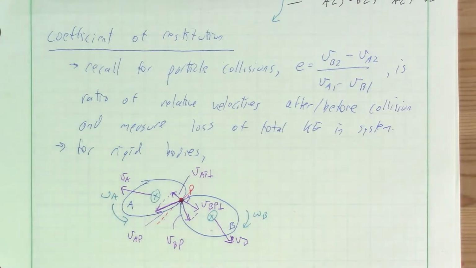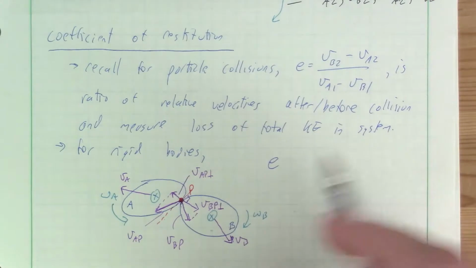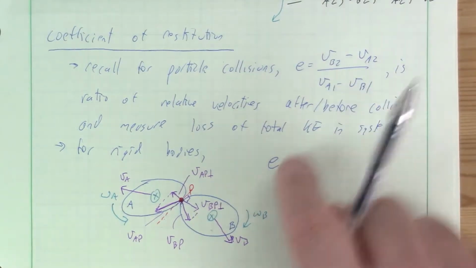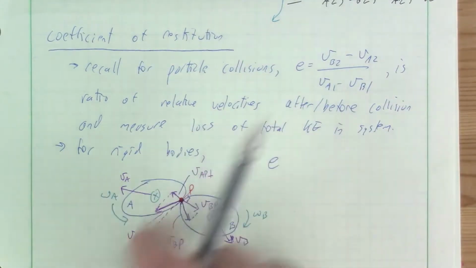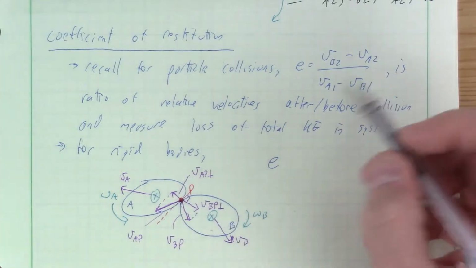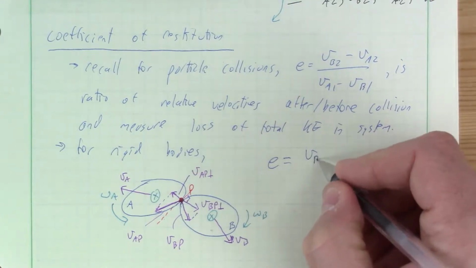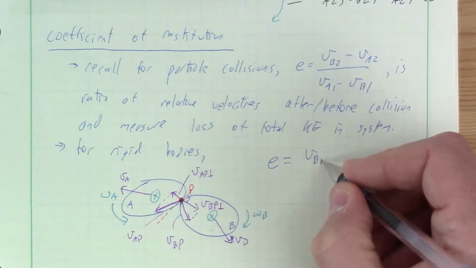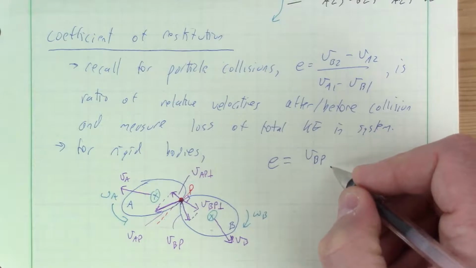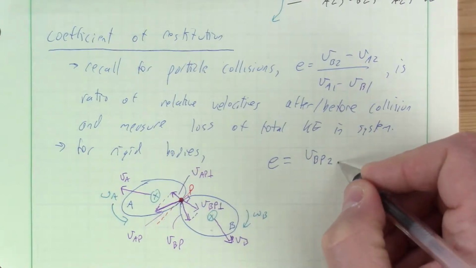Okay, so with that description, our definition of coefficient of restitution has to get more complicated if we have a body, because there are lots of different velocities at different points. What's actually the velocity of B, or one of the objects, at that contact point P in the second state, perpendicular?